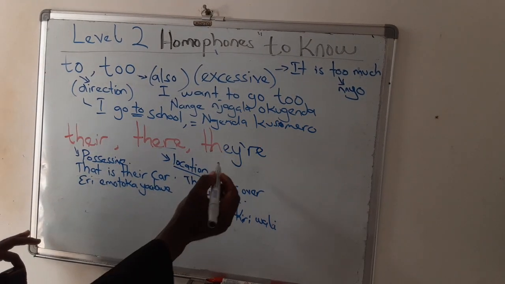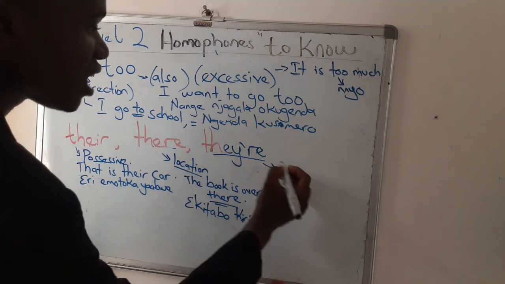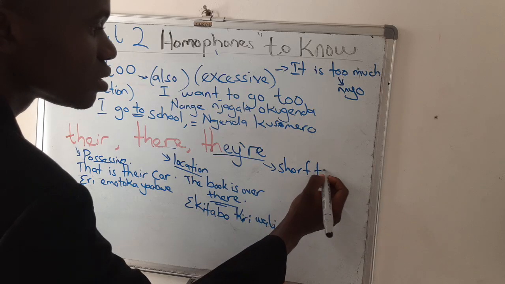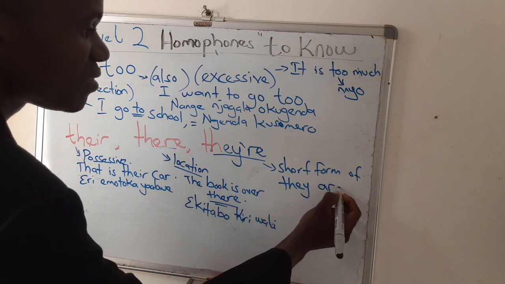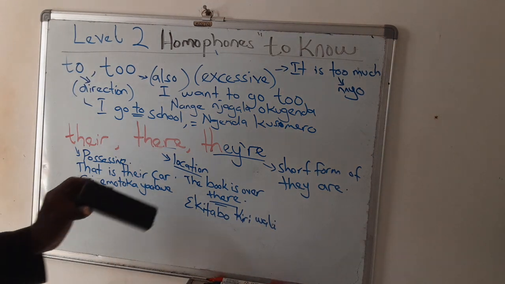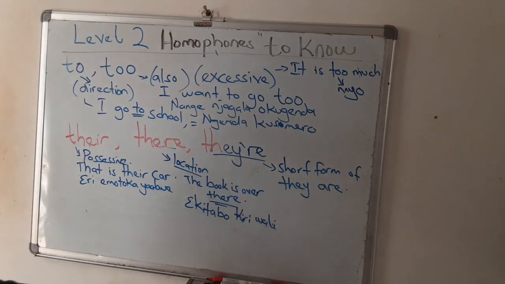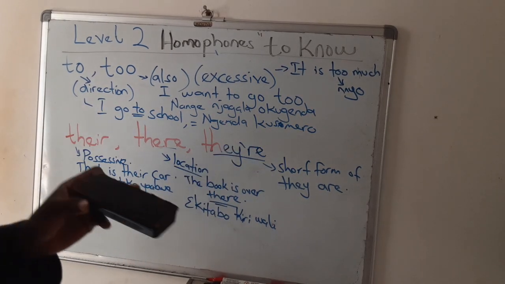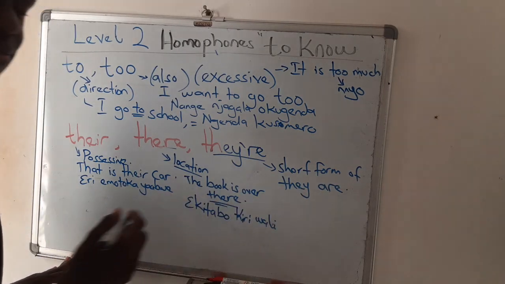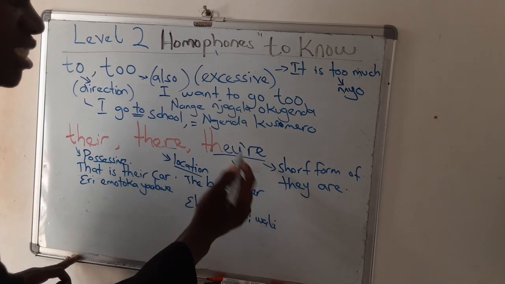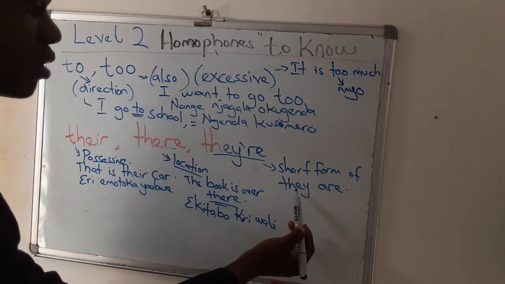Whereas this they're, the last one, it's a short form of they are. Are we together? So once you meet this word, it indicates a short form of they are. Mu Luganda kitegeeza they're kifunzibwa naye nga kiva mu kigambo they are.